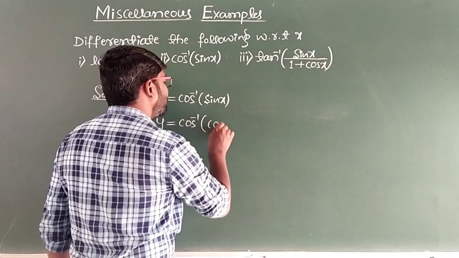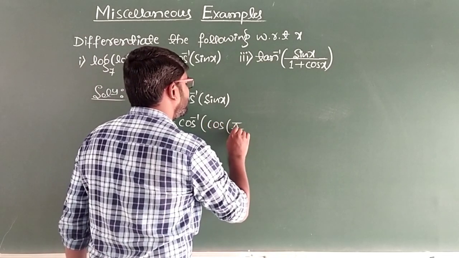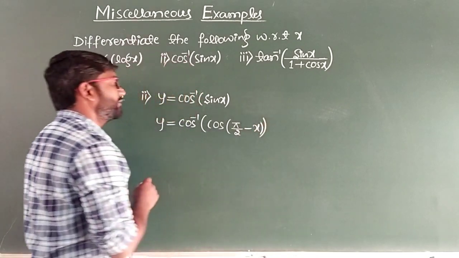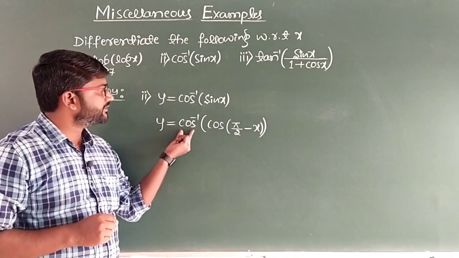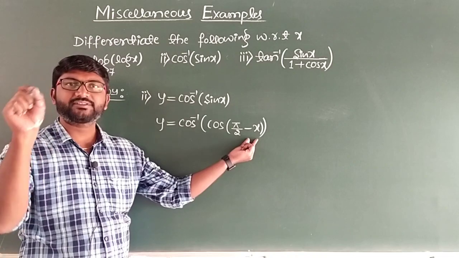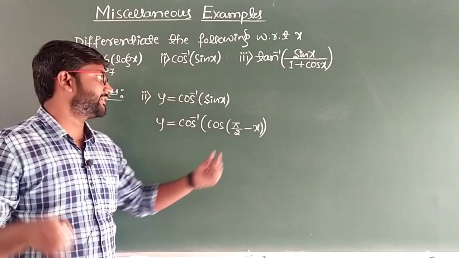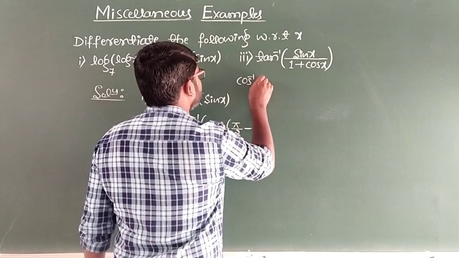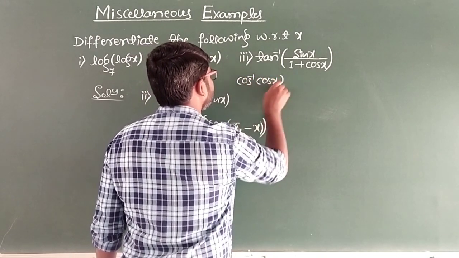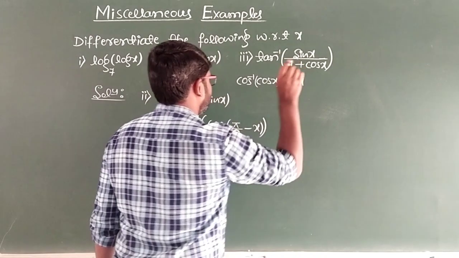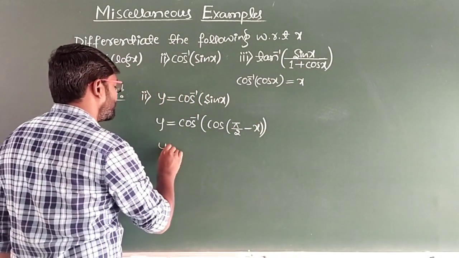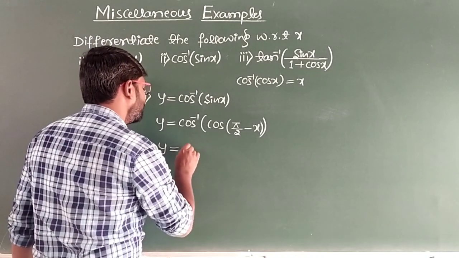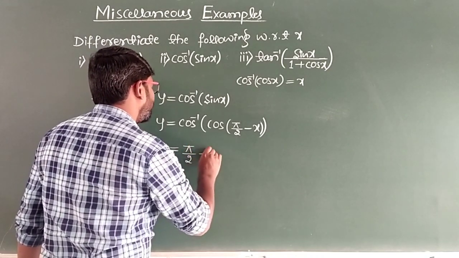So I'll be writing this as cos pi by 2 minus x. So now this is in the form of cos inverse cos x. What is cos inverse of cos x? It will be x. So we have the standard property cos inverse cos x is x. So y which is equal to, what is x now? It is pi by 2 minus x.